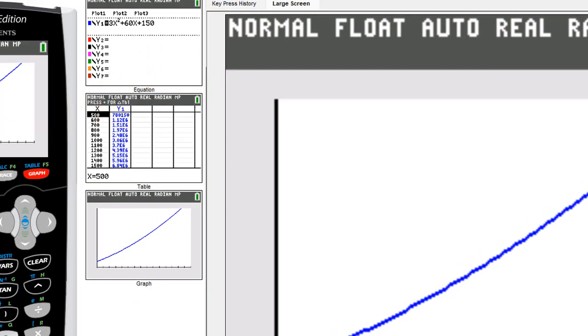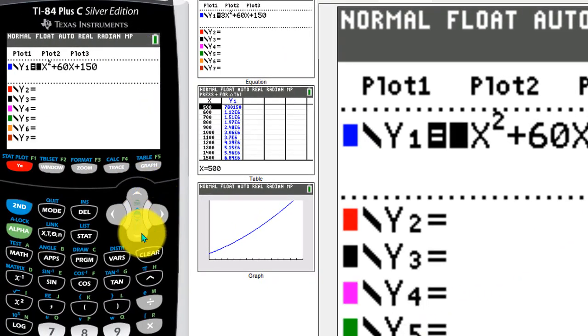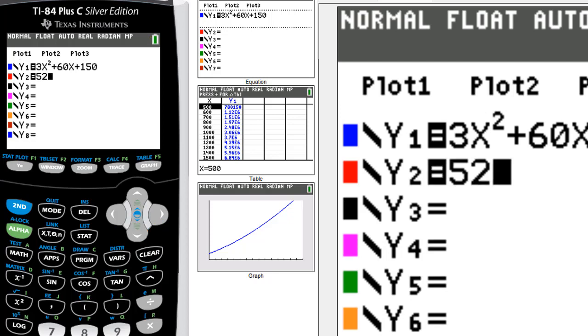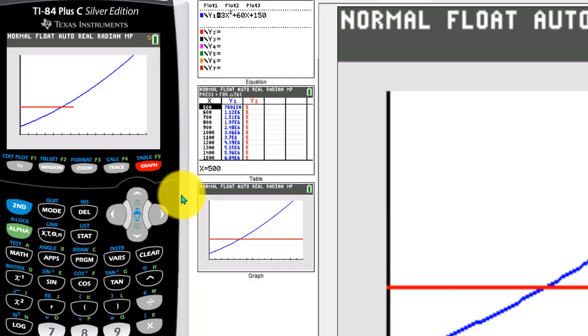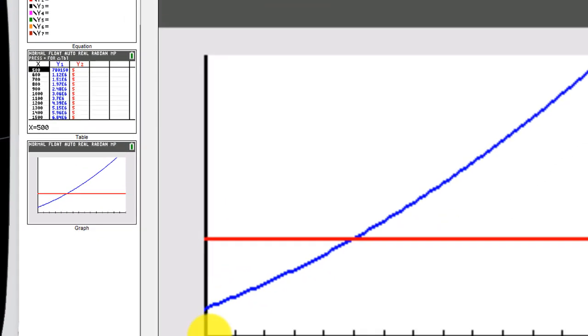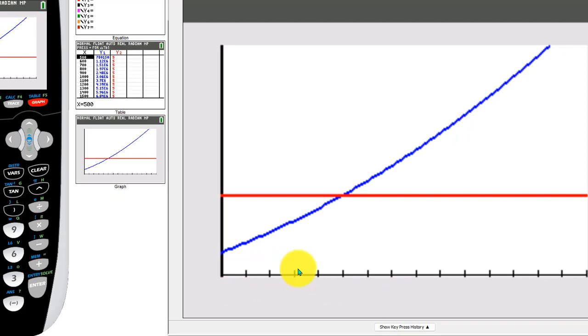All right, so if I go back to my y equals and I add 525, I can press graph. The intersection will be my answer, right? I want to know how many years go by till I get to this value of 525. If this is time, how much time goes by for the value to be this 525?